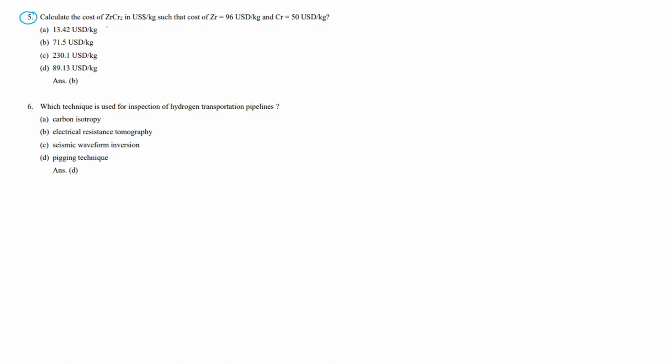I have seen one big formula, but you do not need to remember this big formula. From your basic understanding, you can calculate the cost estimation.